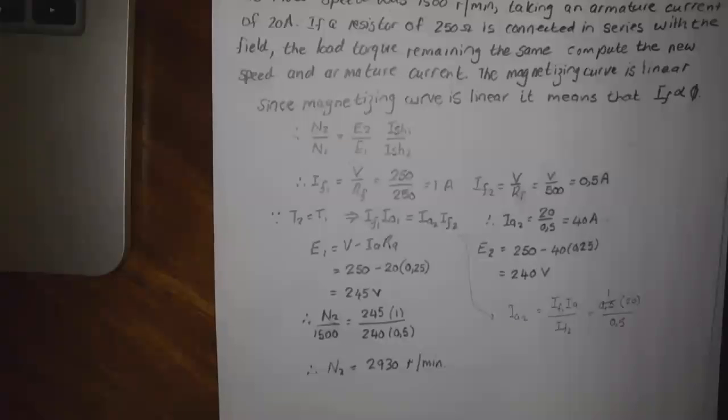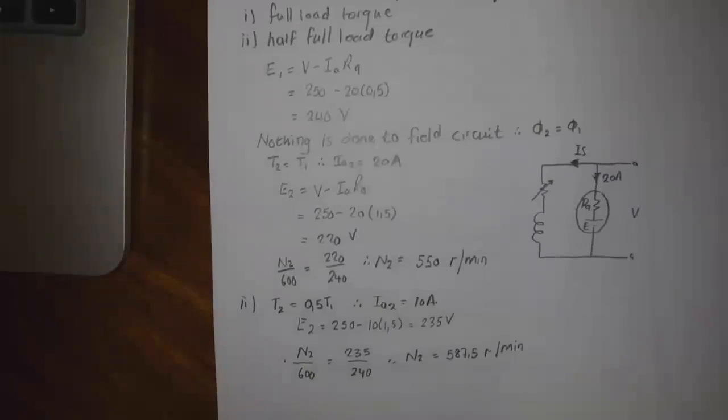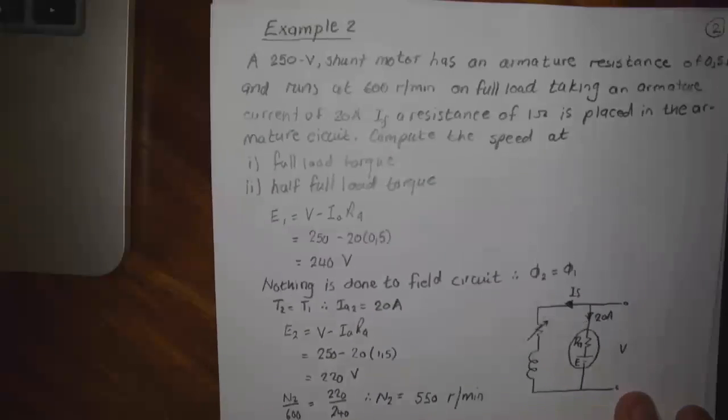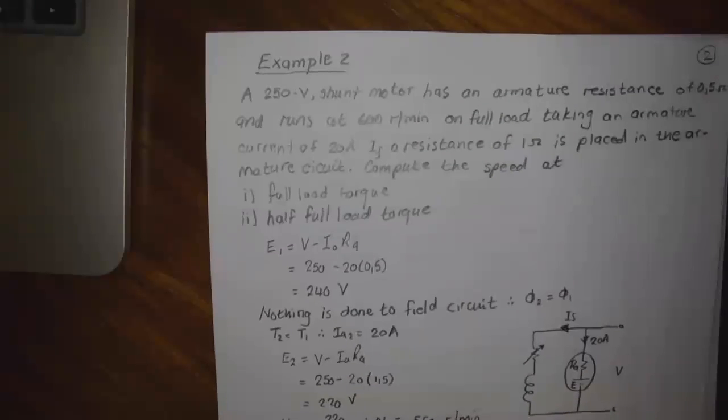All right, let's look at another example. It says there, a 250 volt shunt motor has an armature resistance of 0.5 ohms and runs at 600 revs per minute on full load, taking an armature current of 20 amps.